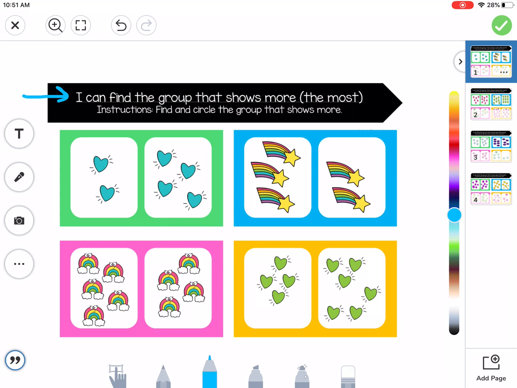So let's count the hearts here. 1, 2. So I'm going to write the number 2 here, okay? 2. Now let's count the hearts here. 1, 2, 3, 4. So I'm going to write the number 4. Okay?